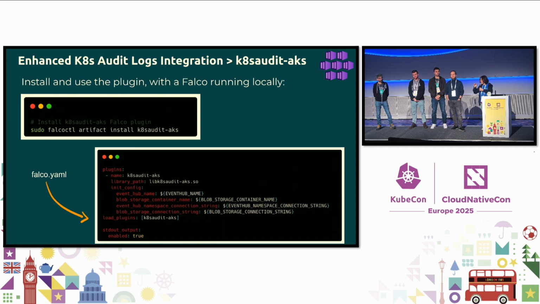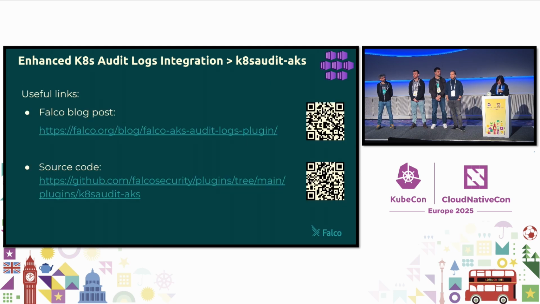Don't forget to replace the event hub and the blob storage fields. If you are interested, the source code and the blog posts are available. You have the QR code.